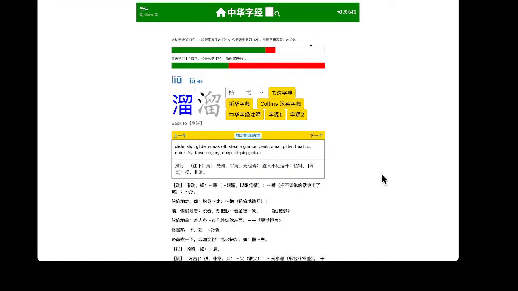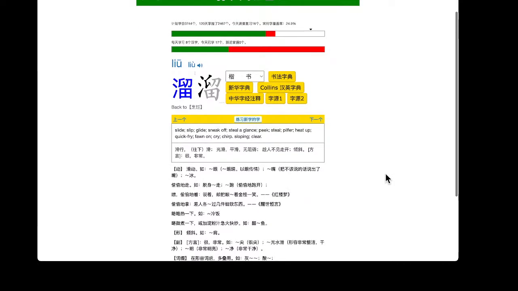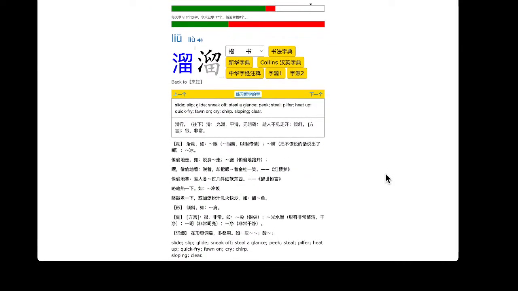Now, 溜. 溜 means slide, slip, glide. And also sneak off, going very fast and disappearing. It also means steal a glance.